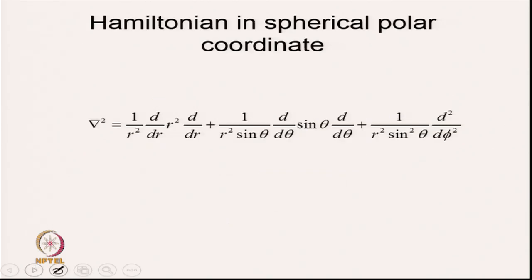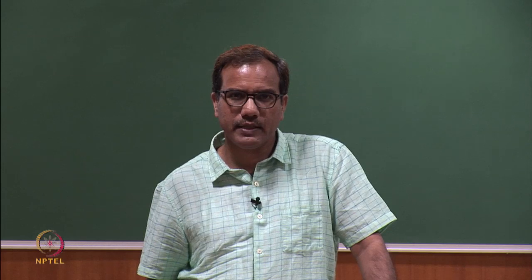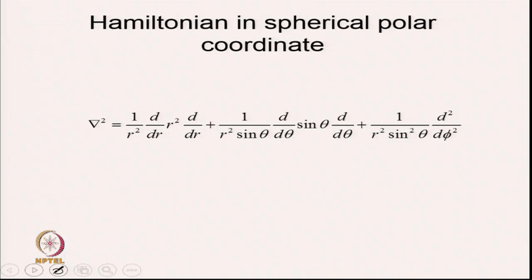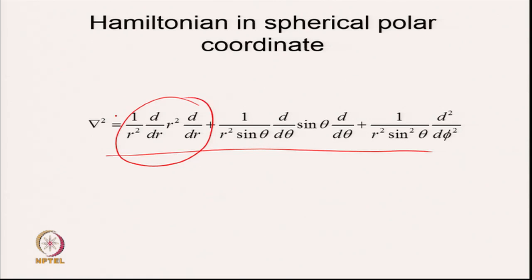Once you know that, then you can express your Laplacian operator in spherical polar coordinates, and this is the way you can express it. Now, since we are again taking rigid rotors, what does that mean? That this term will go to 0 because your r is constant.